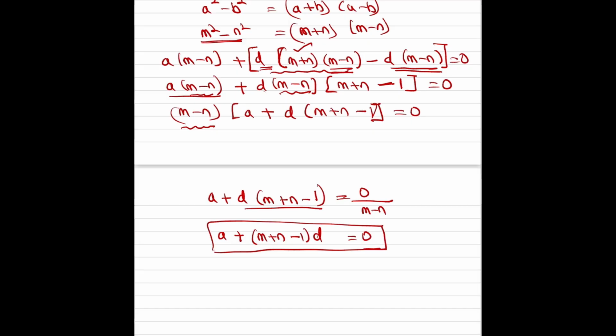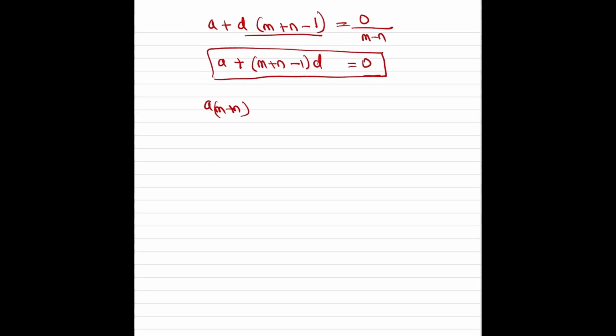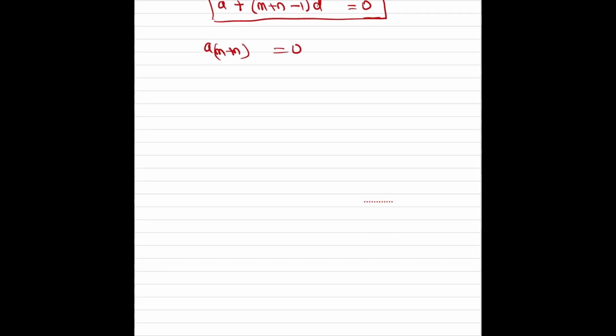Now, the question: what is given? Show that the (m plus n)th term is 0. So for the (m plus n)th term, the same formula a plus (n minus 1)d is used. Instead of n, I am going to write m plus n: a plus (m plus n minus 1) times d equal to 0.